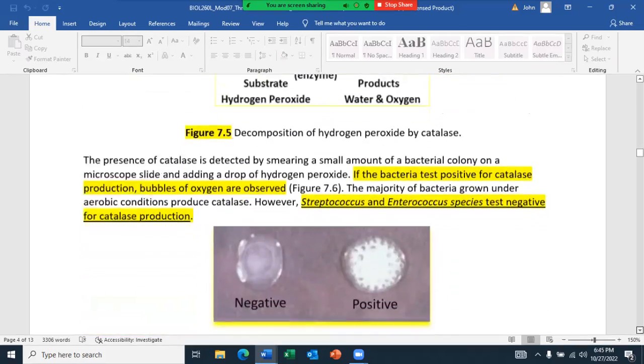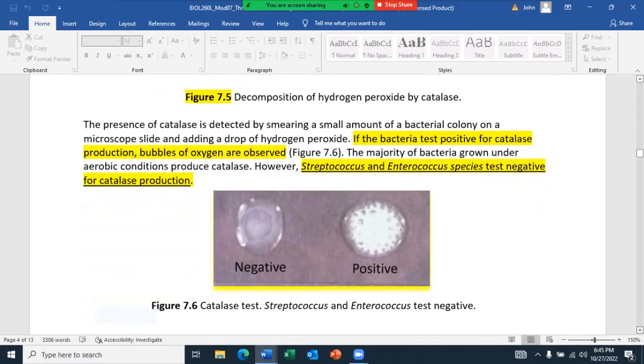Most organisms that grow in the air will have catalase, and they will be positive for the catalase test. This is positive where you can see the bubbles. This is negative. However, the Streptococcus species, as well as some Enterococcus species, test negative for catalase production.